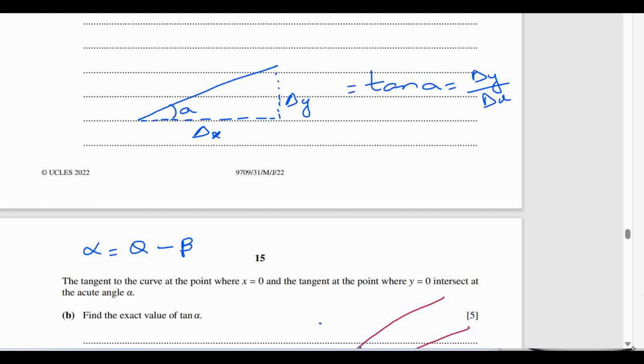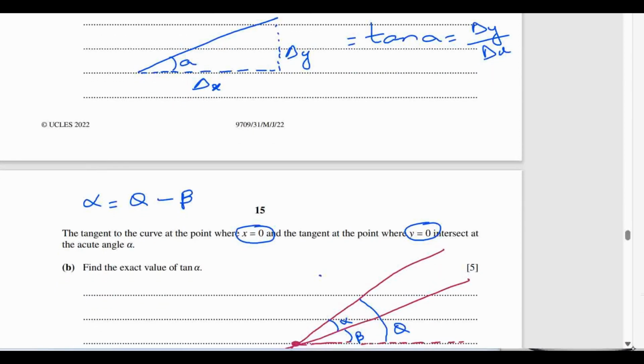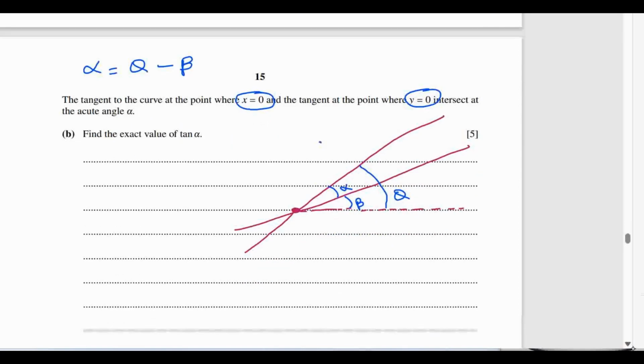So now what we can do is, here we can see that we will have a clear point that x equals 0 and y equals 0. So first of all, let's see that at x equals 0, this is for, let's say, beta.